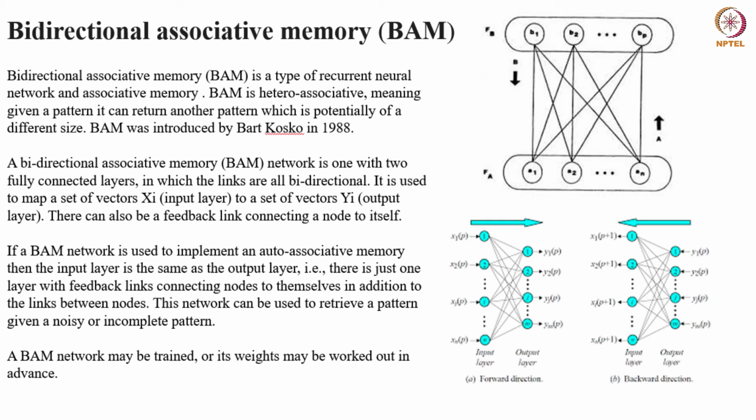The reason this is possible in BAM is that BAM works with two separate layers, and in one layer you can have items in one format, and in the other layer items in a totally different format.